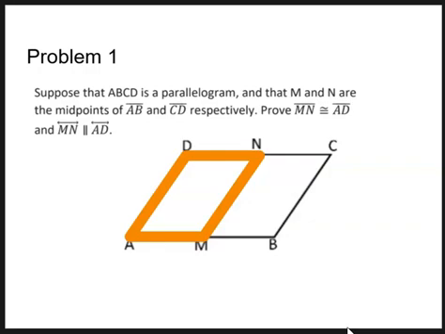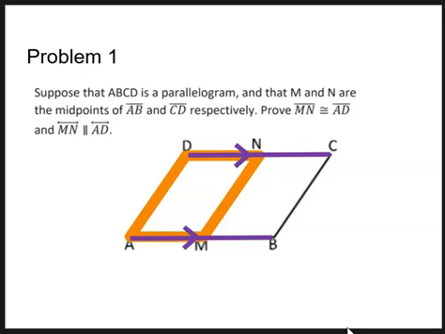So, since ABCD is a parallelogram, we know that opposite sides of the parallelogram are congruent and parallel. That means that DC is congruent and parallel to AB. Since M and N are midpoints, they divide each side into two congruent segments.